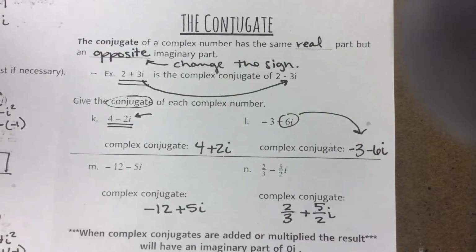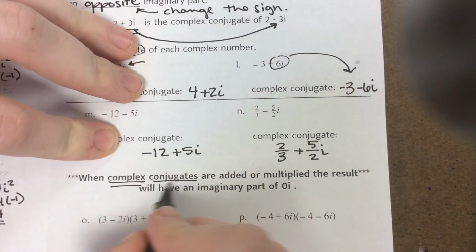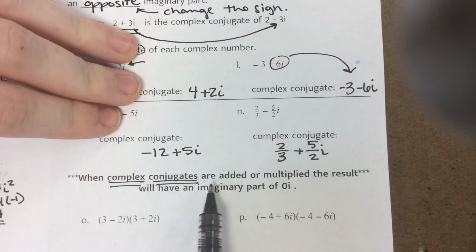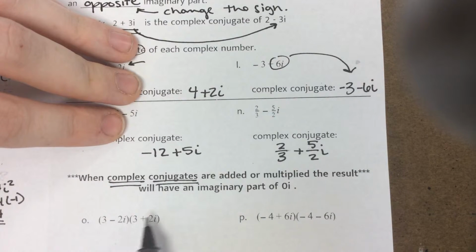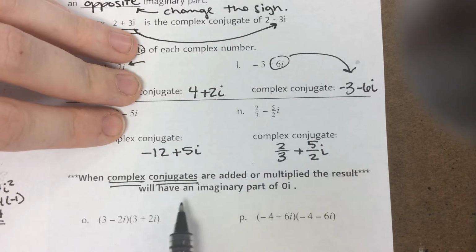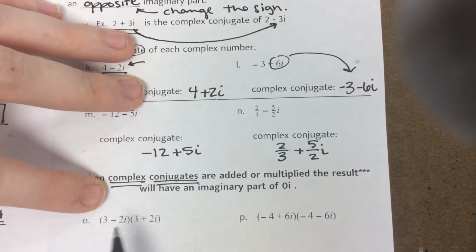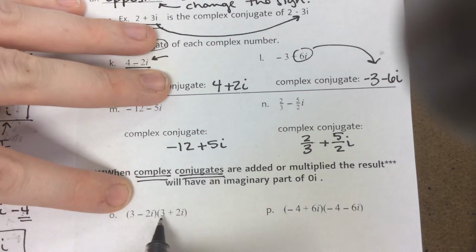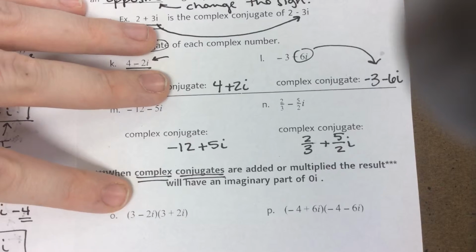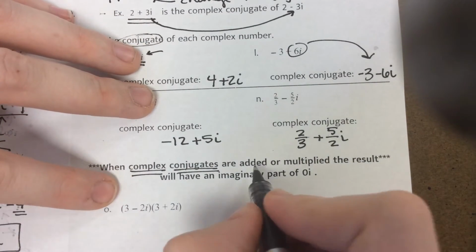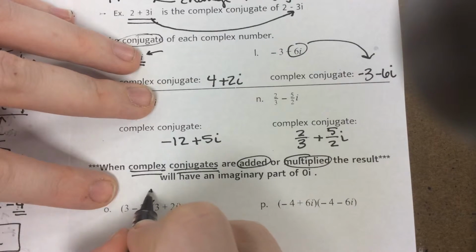Okay, the last thing we're going to look at is that complex conjugates have a special property: when the complex conjugates are added or multiplied, the result will have an imaginary part of 0i. So if you multiply like this, 3 minus 2i and this 3 plus 2i, the imaginary part will cancel out. Actually, what we're going to do is add one and then multiply one. So in this case, I want you to insert a plus sign.